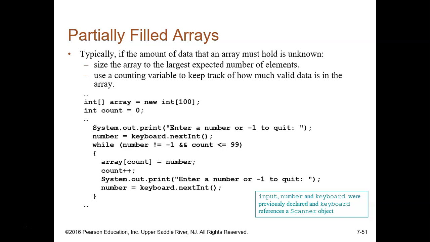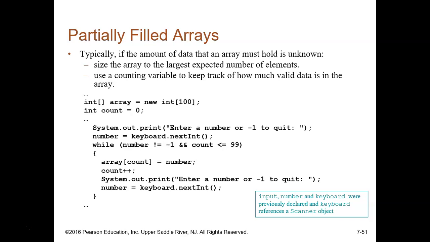So here's an example right here to where they created an integer array called array, and they set its size declarator to 100. That means that it will hold 100 elements, but remember a subscript starts at 0, so its subscript values would be from 0 to 99. And here they're going to have some user enter in values.